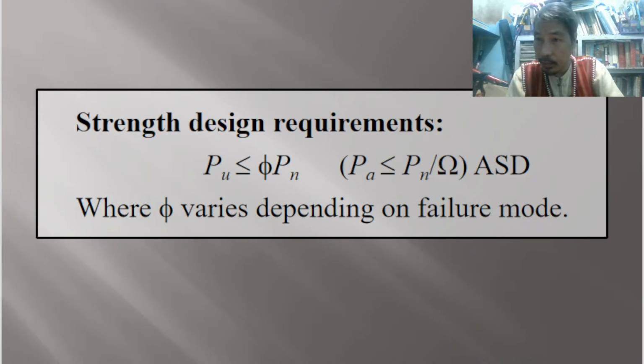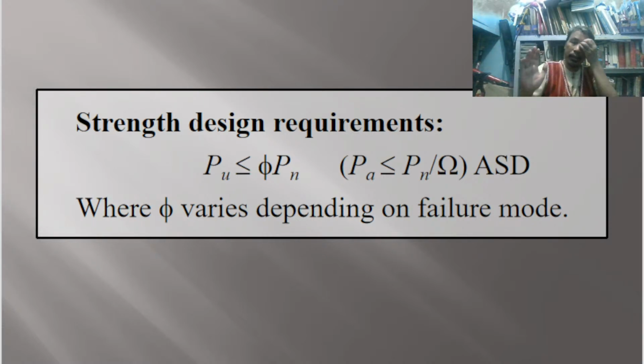So again, strength design requirement, meaning LRFD and ASD. There are two types allowed according to the code. First, let's mention ASD. ASD means allowable strength design, or it could also mean working stress design. With that, the equation is P sub A must be equal to or less than P sub N divided by omega.